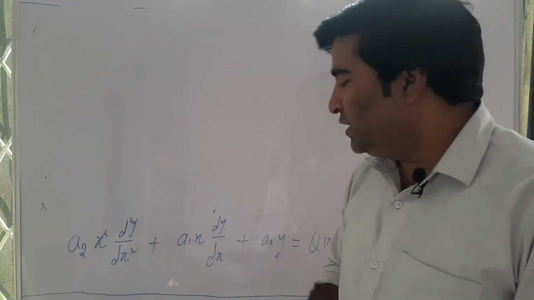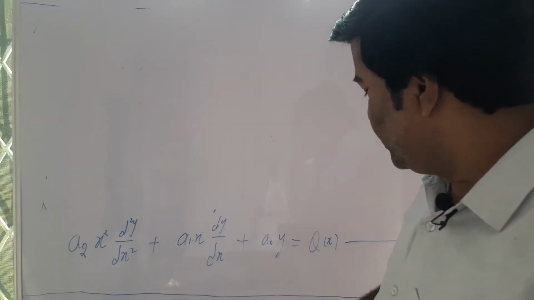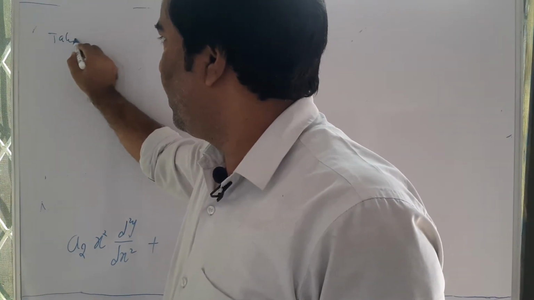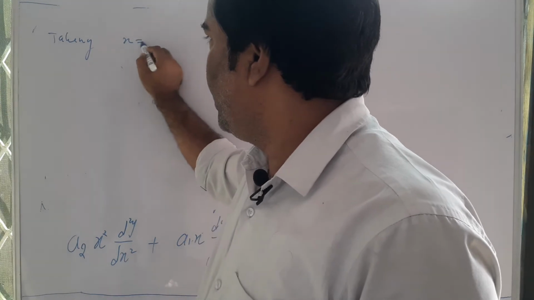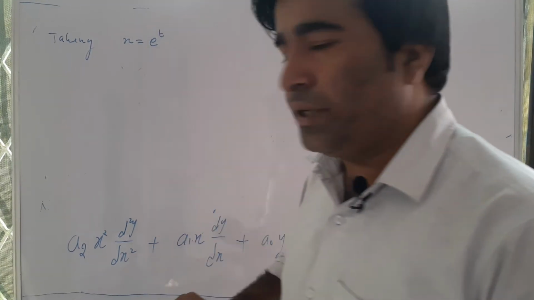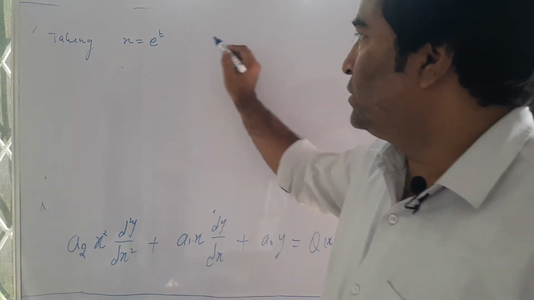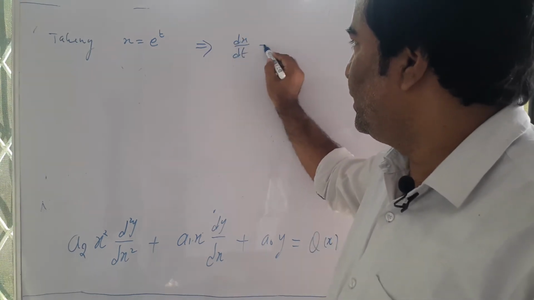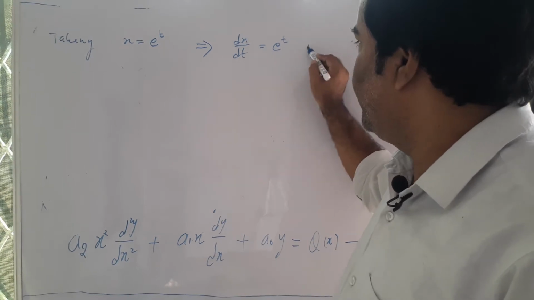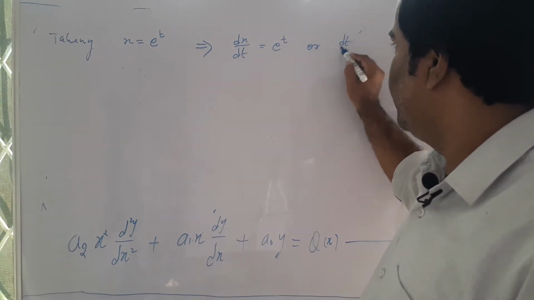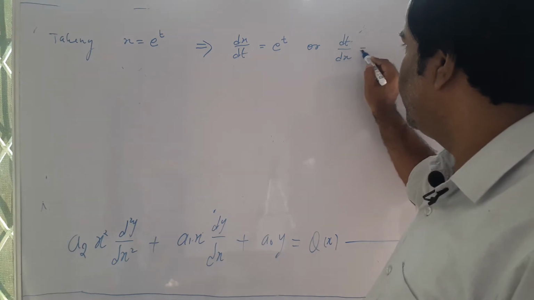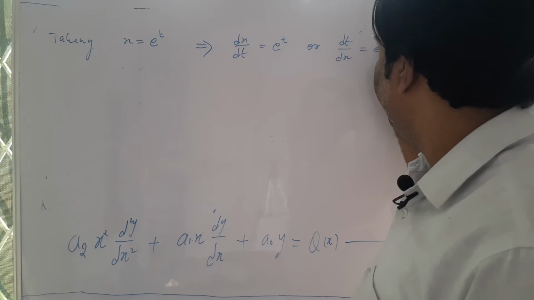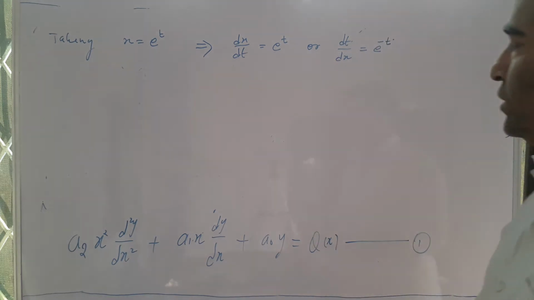So we need to take an appropriate substitution. Here we take x is equal to e to the power t. So it is clear that dx over dt is equal to e to the power t, or we can write dt over dx is equal to e to the power minus t.